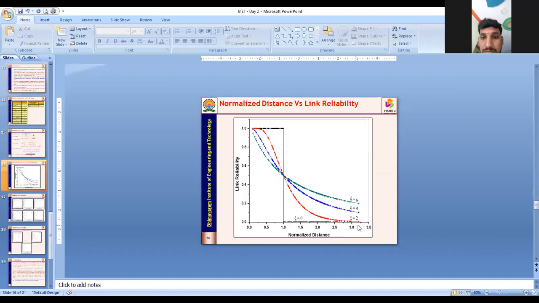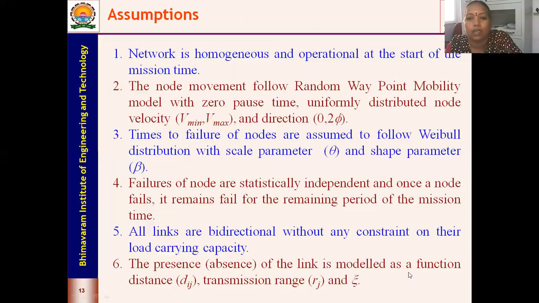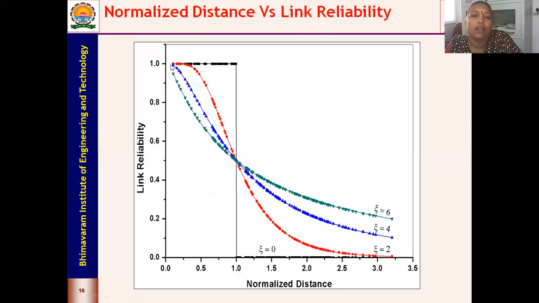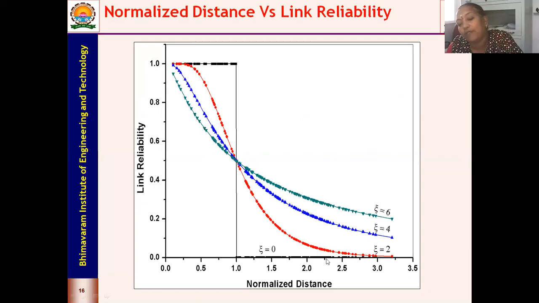Here, you can see that your reliability is a constant, taking a value equal to 1, up to a normalized distance of 1. And beyond 1, it goes toward 0. Though it goes down, it doesn't mean that the link has failed. It is not reaching 0 actually. There is some value in it. So it doesn't mean that the link is failing.